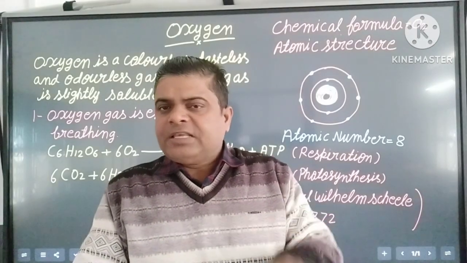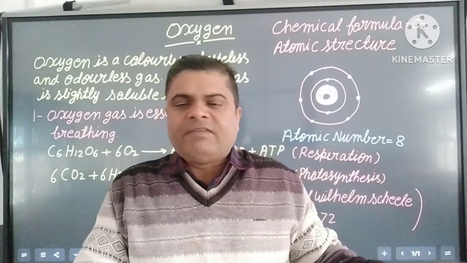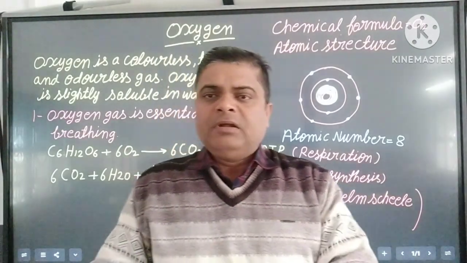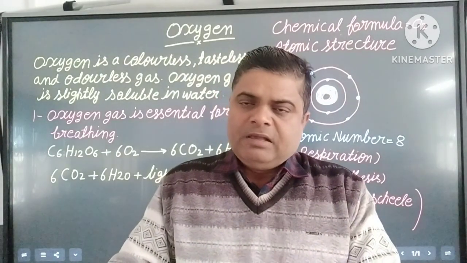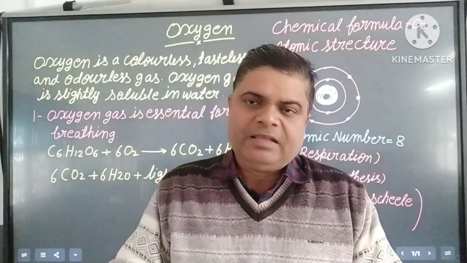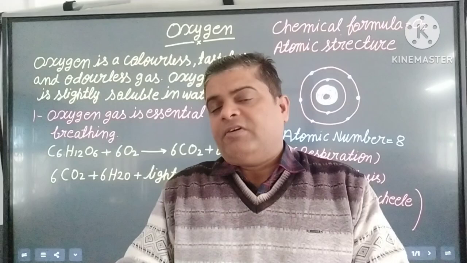After that, the same hemoglobin takes carbon dioxide from the cells and transfers it again to our lungs. And from our lungs, the gas comes outside in the form of carbon dioxide. Clear? So this is the importance of oxygen.